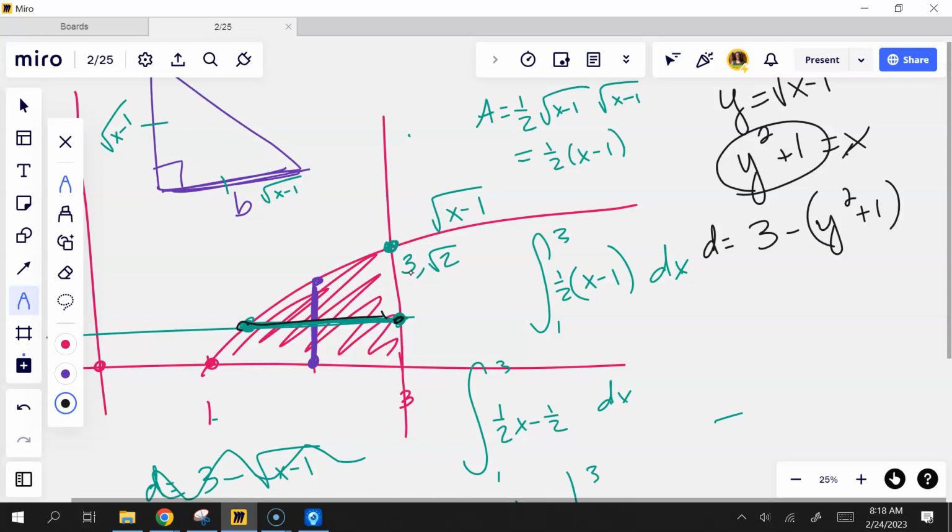Okay, so now the radius is a half of that, right? And I'm just going to clean this. I'm going to say 2 minus y squared. So the radius is 1/2 of 2 minus y squared.